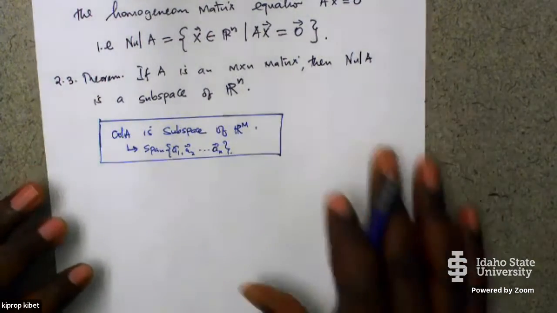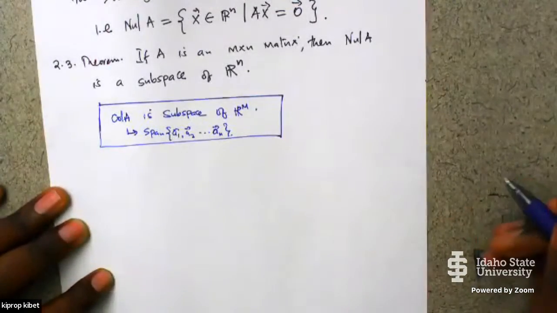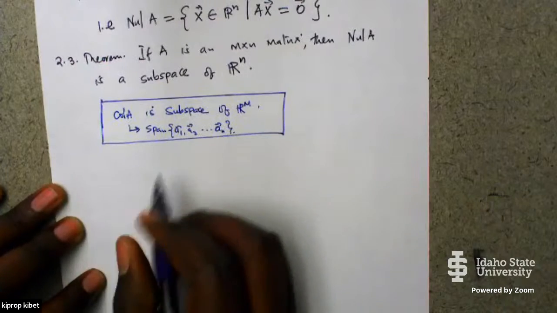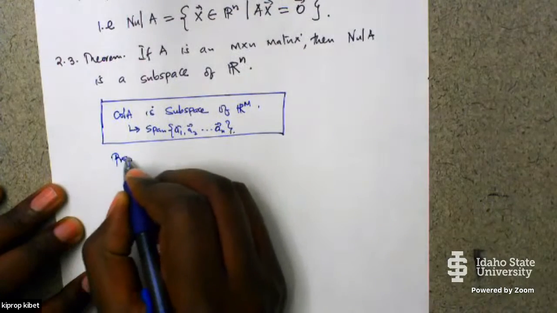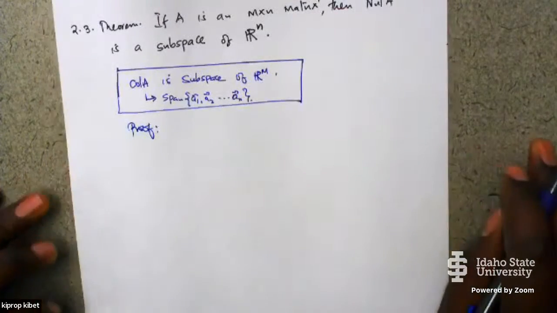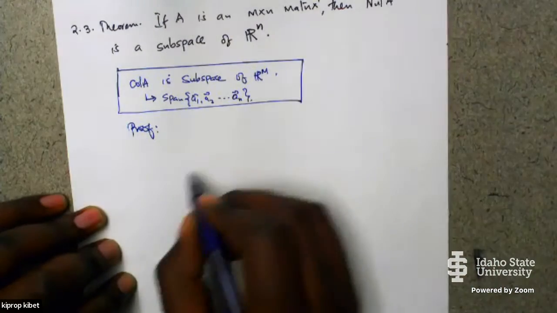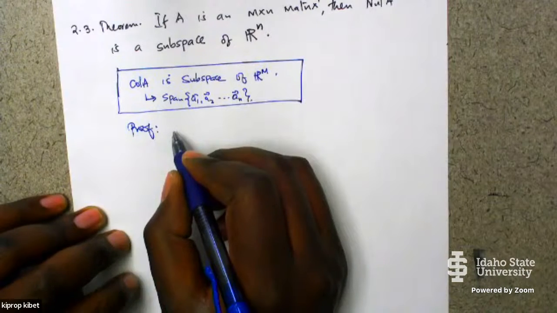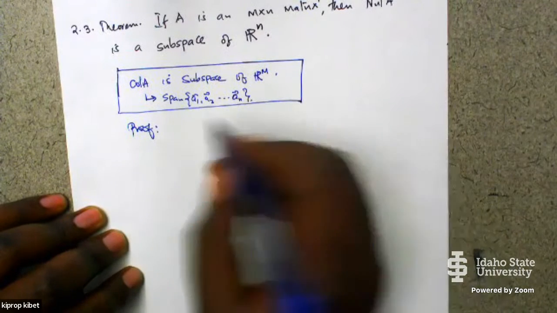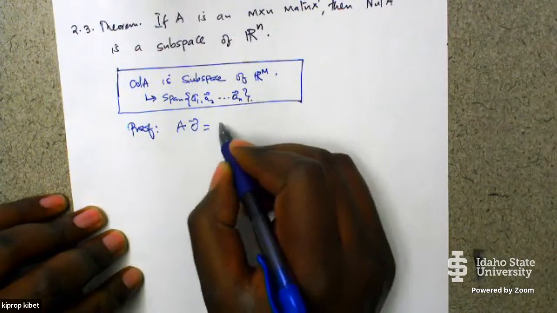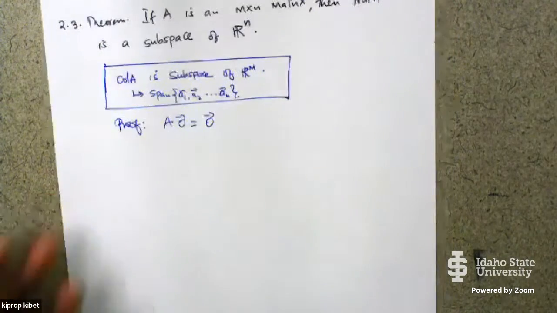Okay, let's try to prove this theorem. If A is an M by N matrix, then the null space of A is a subspace of Rn. What we want to do is show that A times the zero vector equals the zero vector.